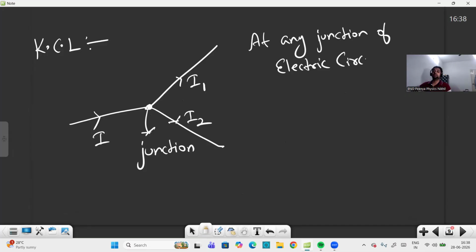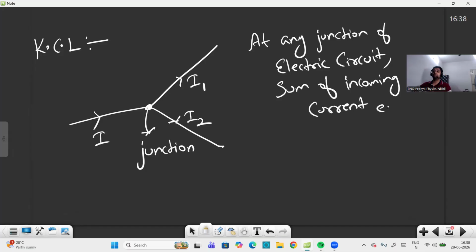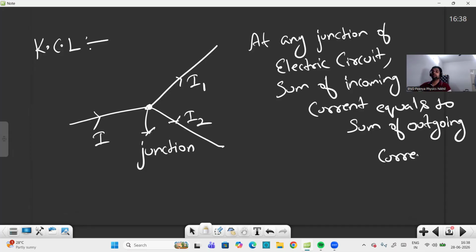Correct? So here the incoming current is only I. So I equals I1 plus I2. Correct? Okay. So this is KCL, Kirchhoff's current law. Also we say it is the junction rule.